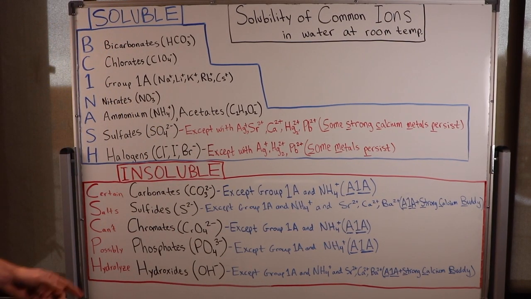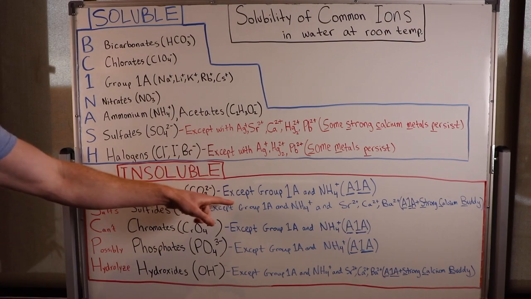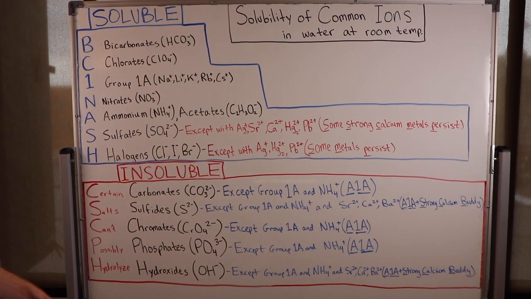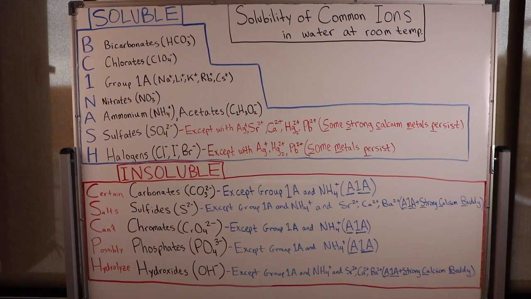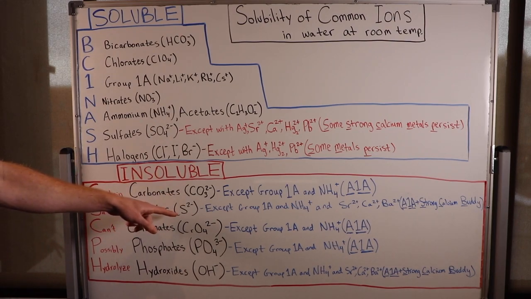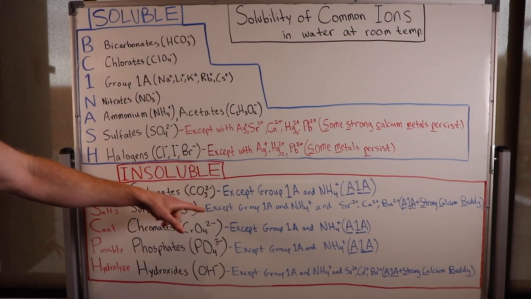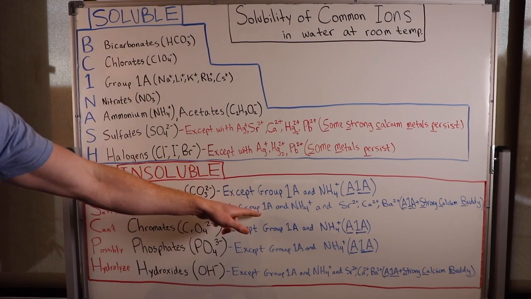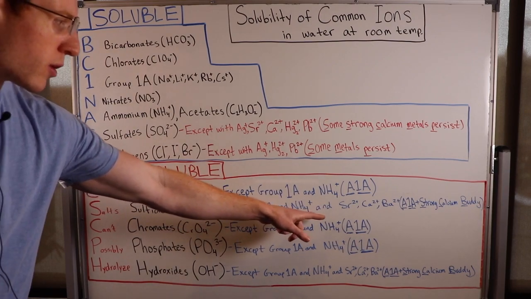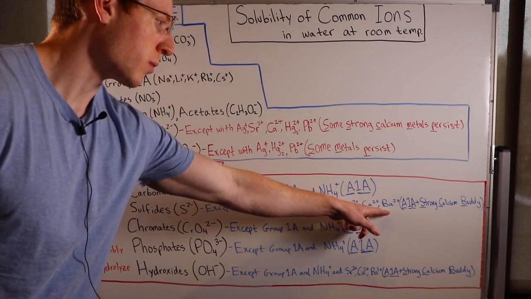For example, calcium carbonate would be insoluble because calcium is not group 1A or ammonium. But sodium carbonate would be soluble because sodium comes from group 1A. It's one of the exceptions here. Okay, and then sulfides. In general, a salt containing a sulfide is insoluble, unless the atom or group that it's bonded to is from group 1A, ammonium, or it's strontium, calcium, or barium.